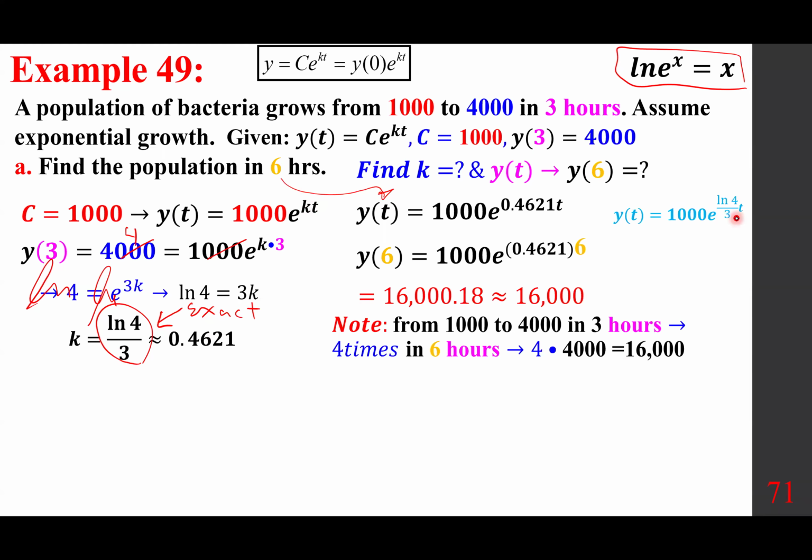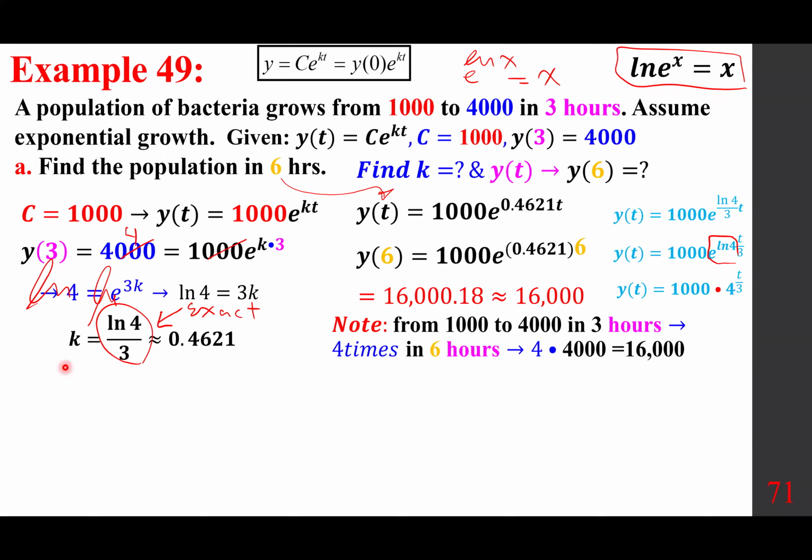And the reason I do that, because e to the power of ln 4 must be 4. ln of e to the power of x is x, e to the power of ln x is x.